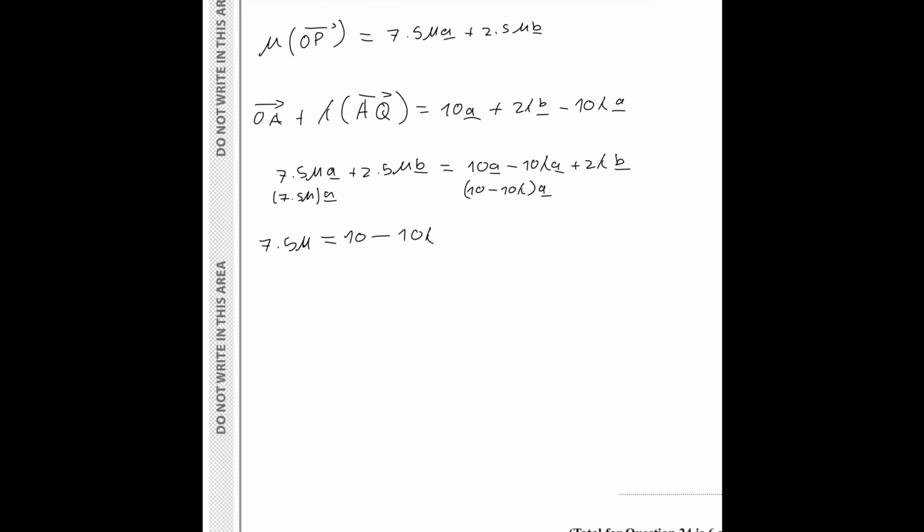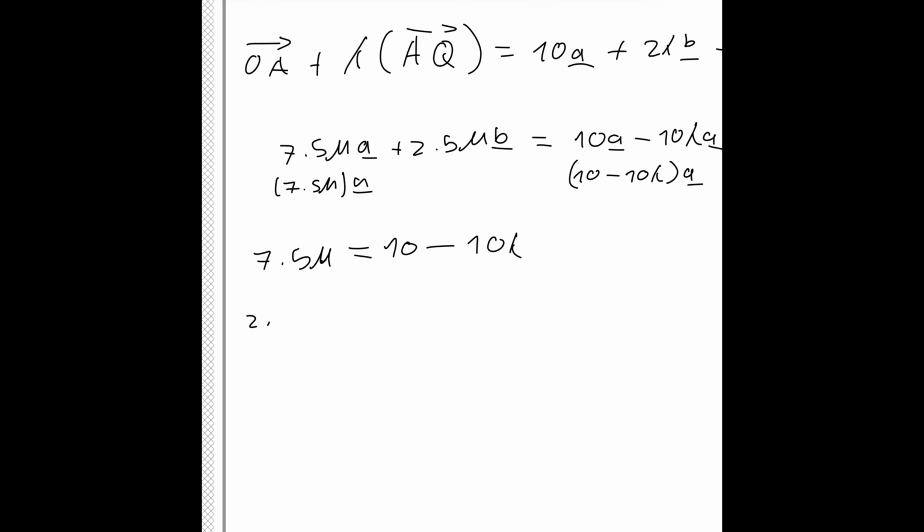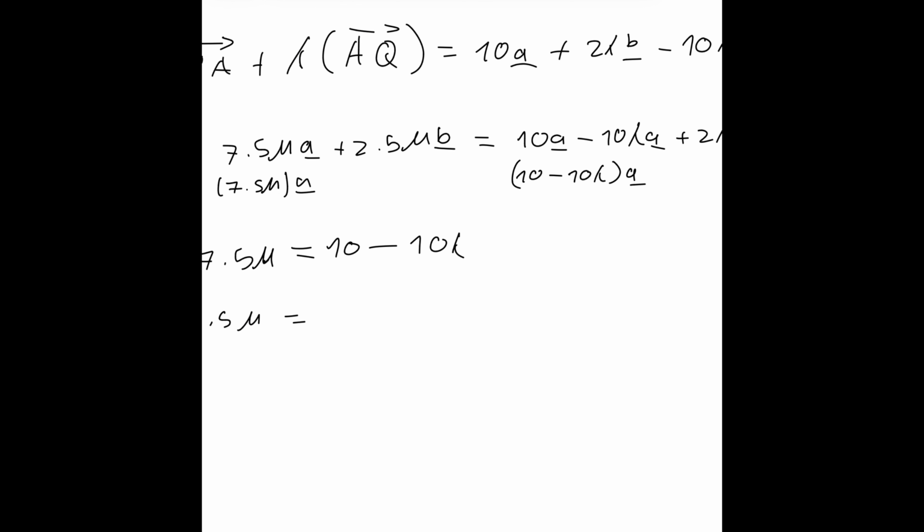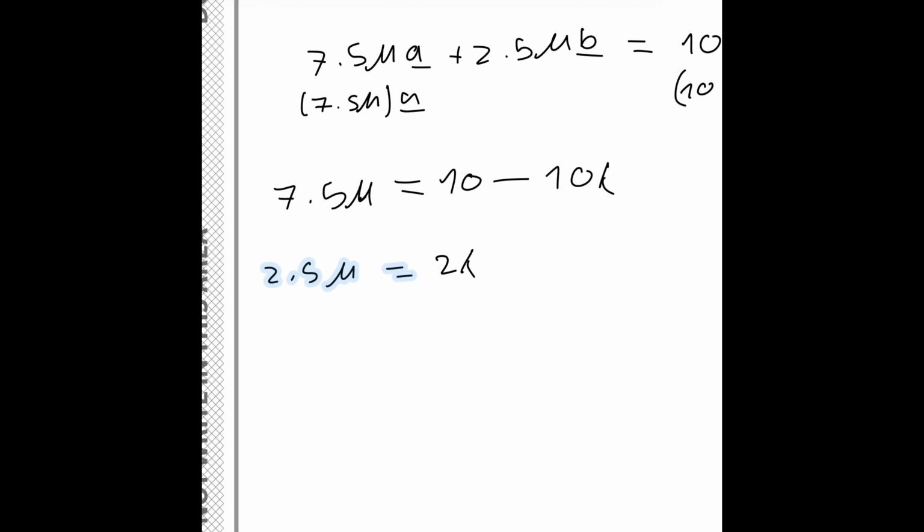And now we do the same thing for the b terms. So 2.5 mu is going to be equal to 2 lambda. Now we know that 2.5 mu is 2 lambda, so we can also rewrite the first equation as 6 lambda is equal to 10 minus 10 lambda.